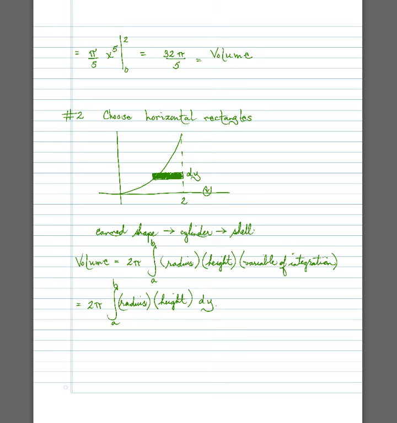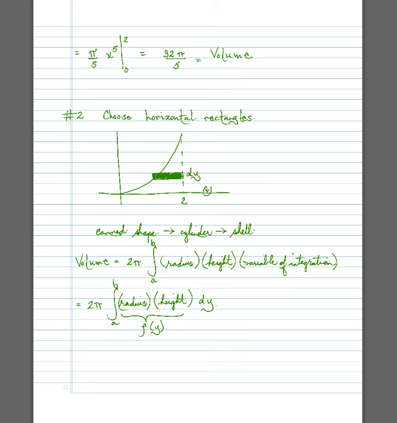That is, in order for me to integrate, I have to have an integrand that is a function of y. That is, the radius times the height must be a function of y. Because that's the only way that I can integrate. Okay, the only way you've learned to integrate single variable functions is given the variable of integration that you're dealing with. So we need things in terms of y.